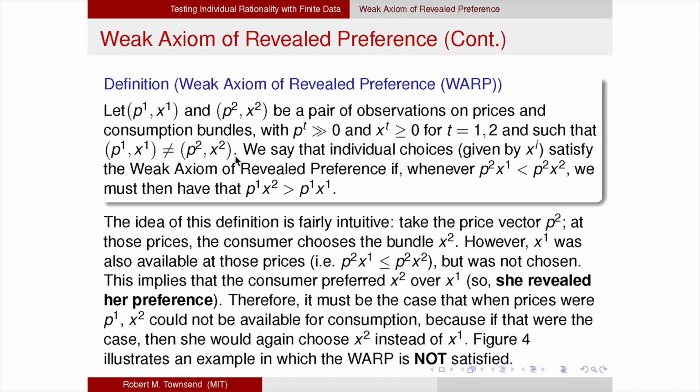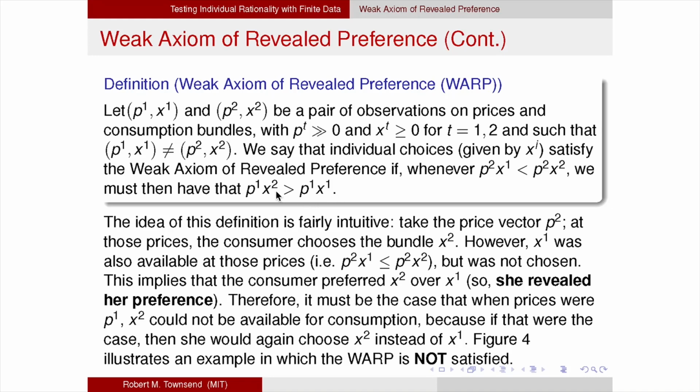And we say these choices satisfy the weak axiom of revealed preference if, whenever at the second price P2 with X2 chosen, X1 is in the interior of the budget, we must then have at prices P1, spending P1X1, that X2 is not attainable.